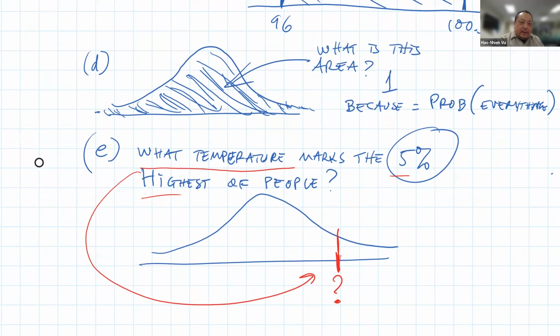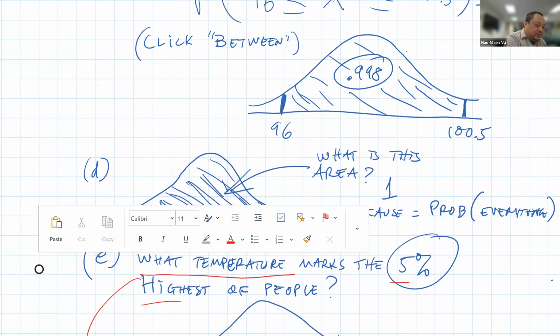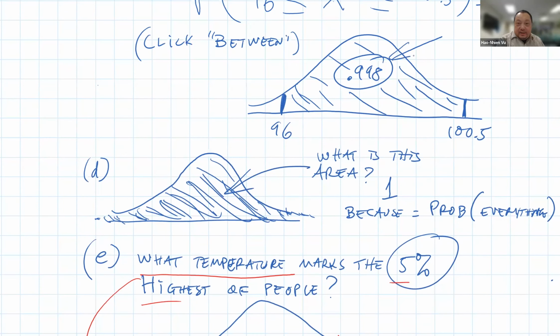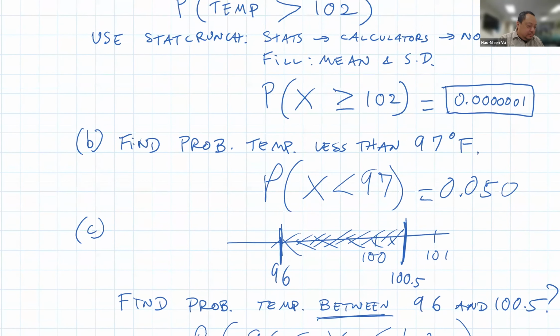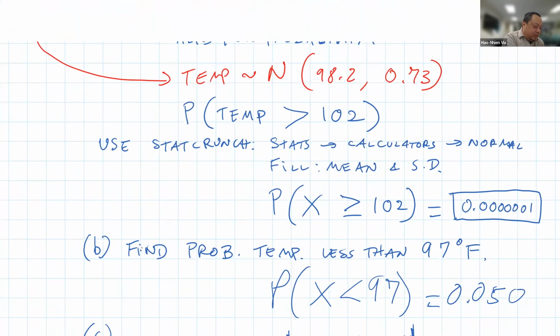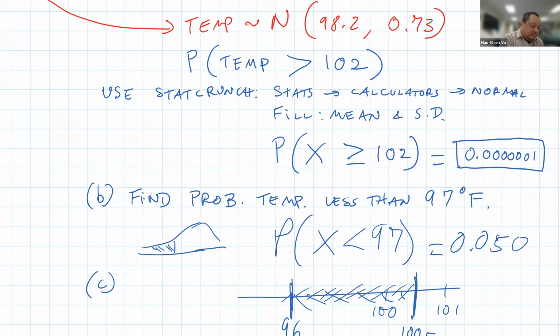Well, let me scroll back up. The percent goes in the area, right? The percent goes in the area. Do you remember this problem where we end up with an area on this side here, right? So the percent, this is the 0.050, and this here is 97.